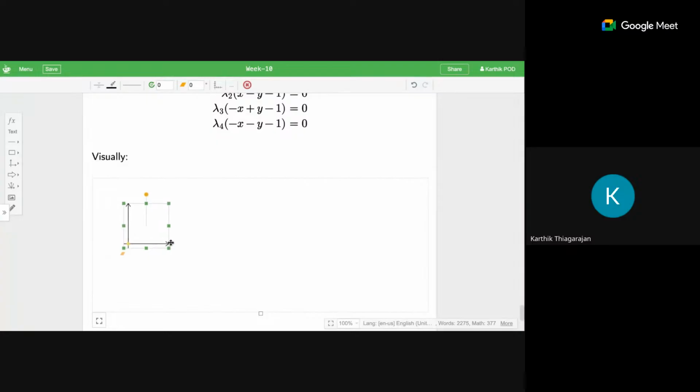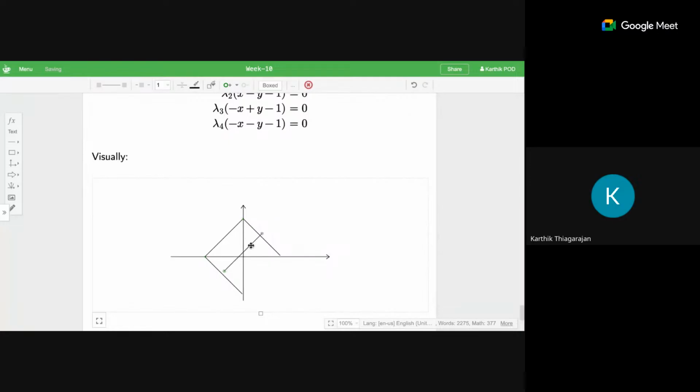You have an axis, and you have +1, -1, +1, -1 on the 4 sides. So you will have a shape like this. Okay, so this will be 1 and 1. And then parallel to this, you have 1, and then parallel to this, right?